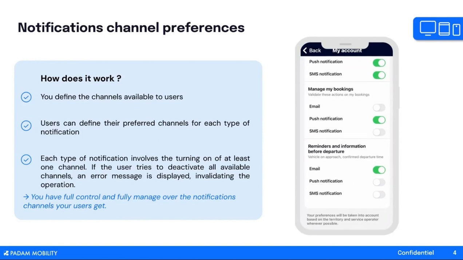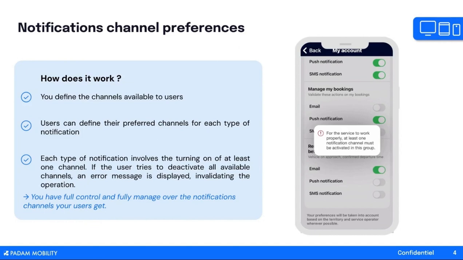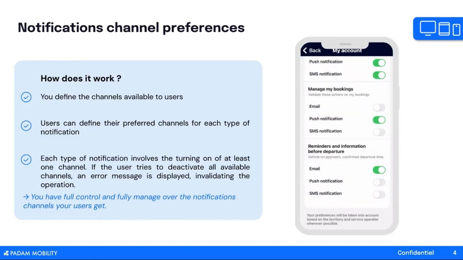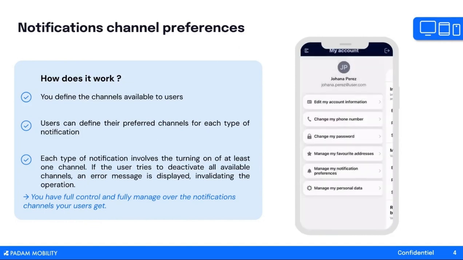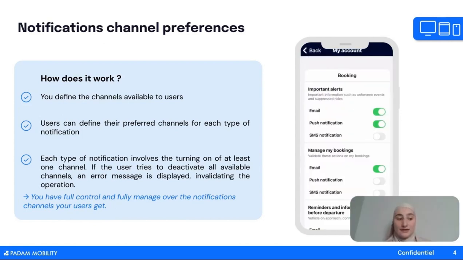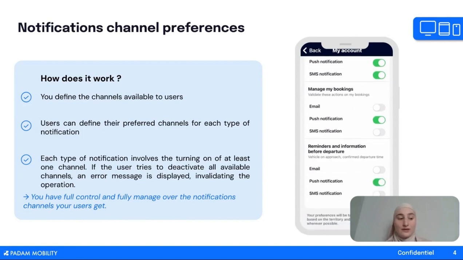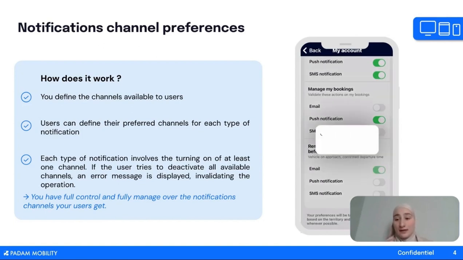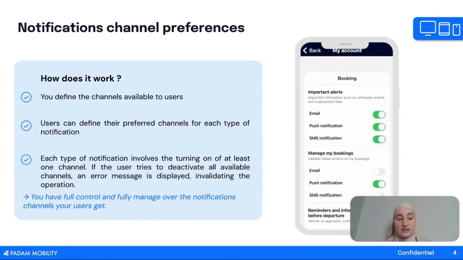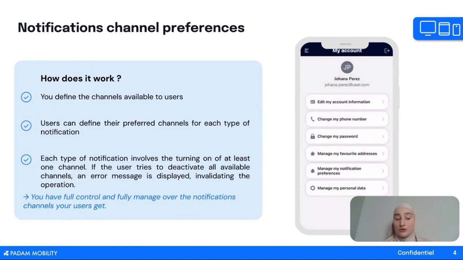So with the use case presented just before, you can solve the problem of a user who can't check their email on their phone by activating the push notification and SMS channels. In this way, they will see these two channels displayed and available on their booking website account and user app, and then they will choose their preferred channel: either text messages, push notification, or both.